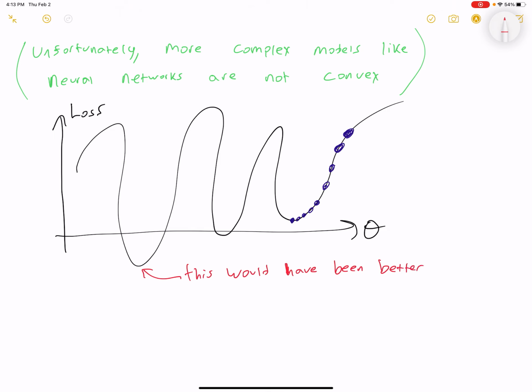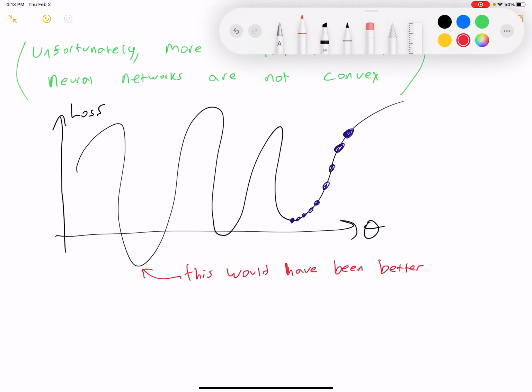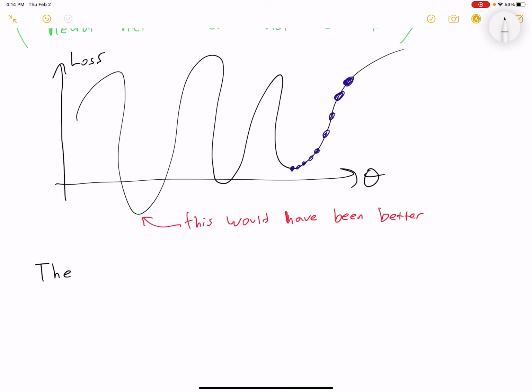So there's a family of solutions to that, which I don't think it's worth covering until we learn neural networks, because right now all the models we know about don't have this issue, but this is just kind of a sneak peek. There are many approaches, not solutions, to try to mitigate this.